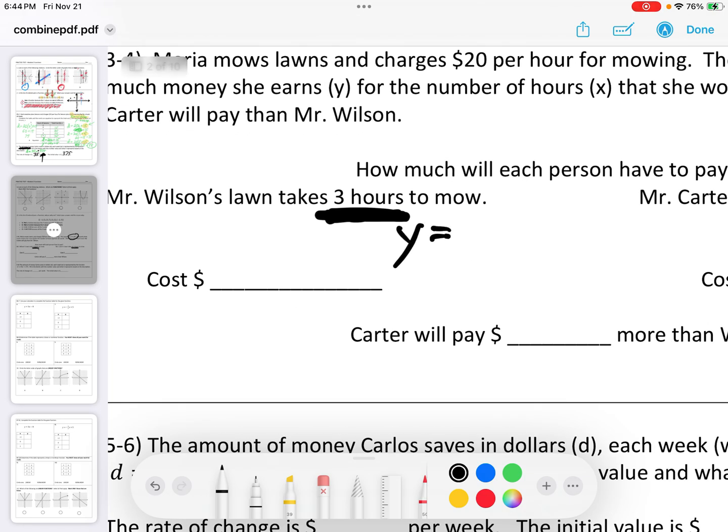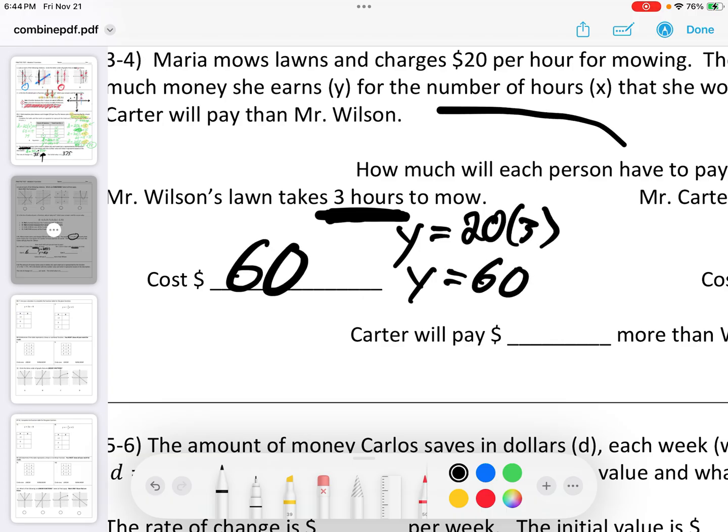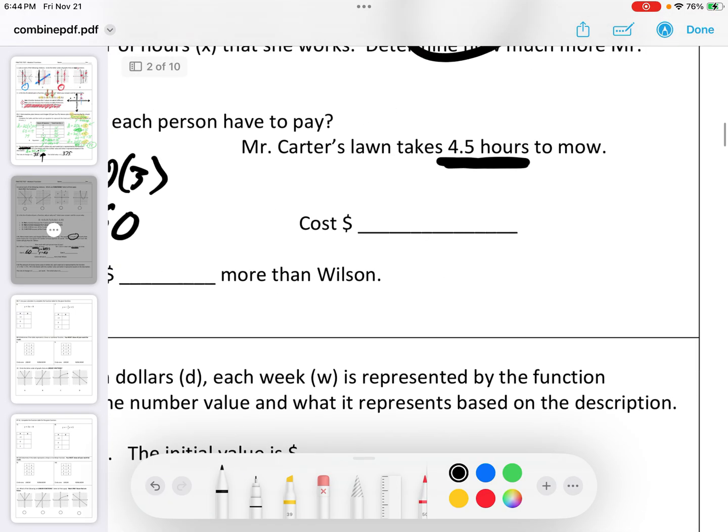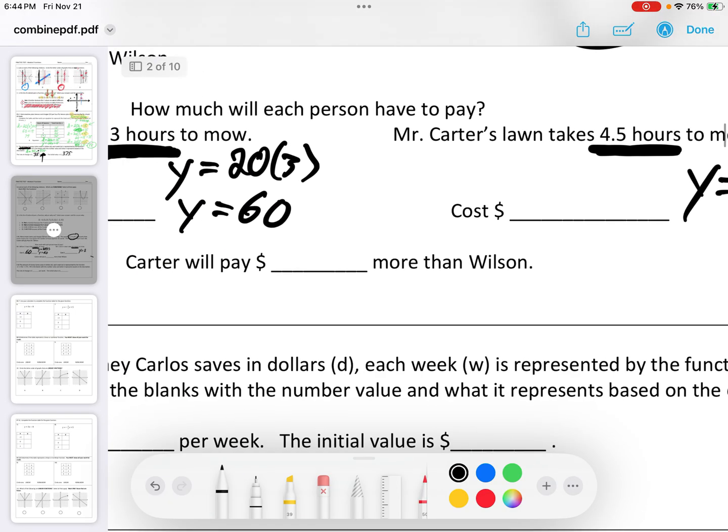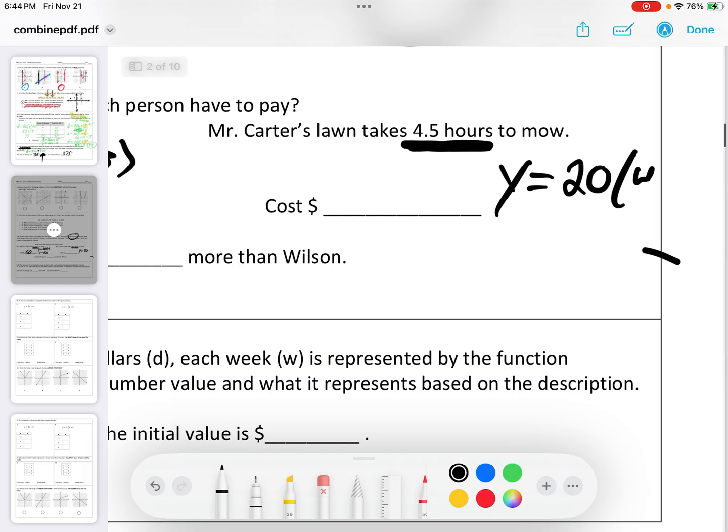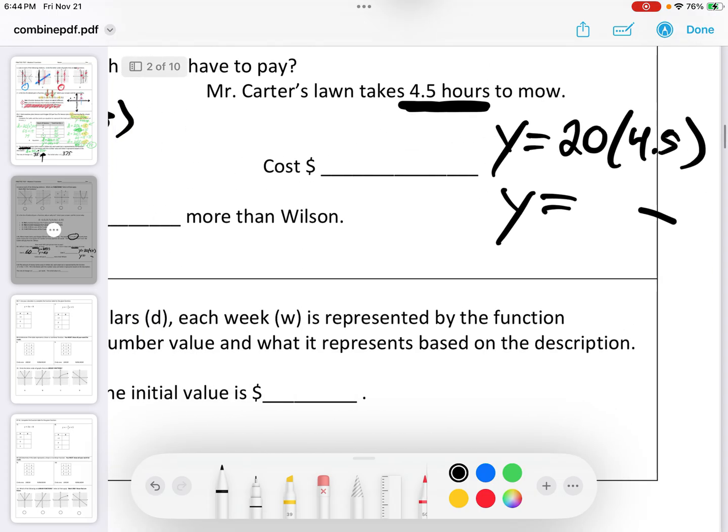Well, 20 times 3 is 60. This problem isn't as hard as it looks. 20 times 4.5. And that means 90. All right.